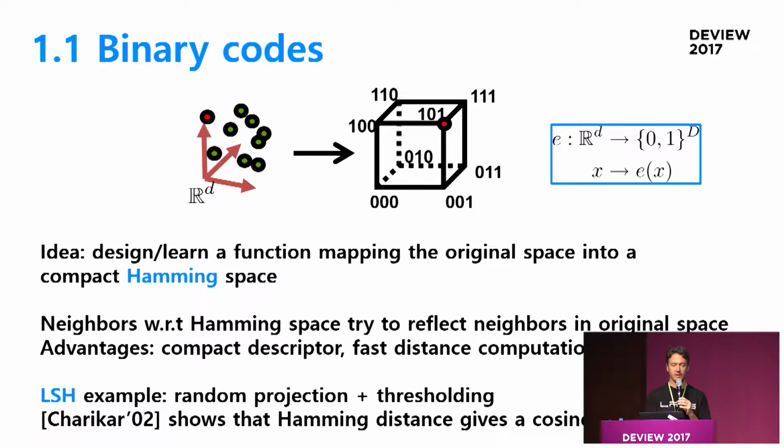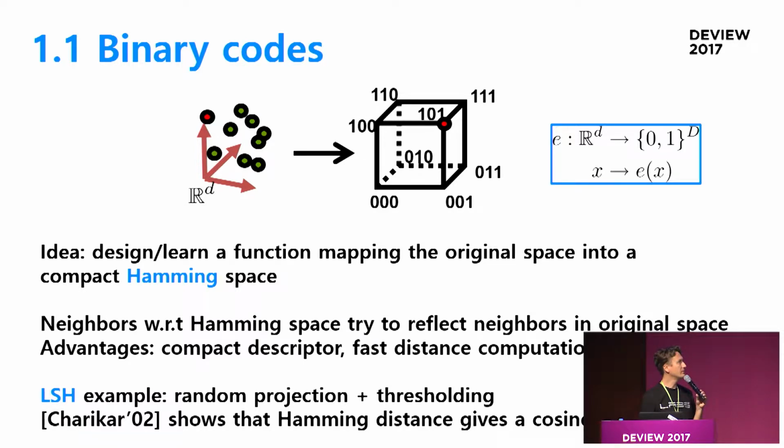So a Hamming space is a binary space. So basically what you're trying to do is to project each point in the original space onto the vertices of a hypercube. And the goal is to ensure that the neighbors with respect to the distance in this space reflect neighbors in the original space.